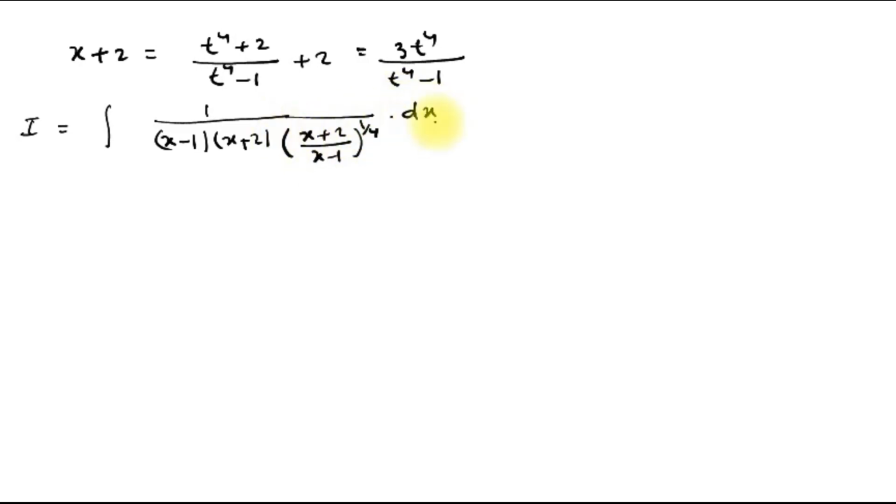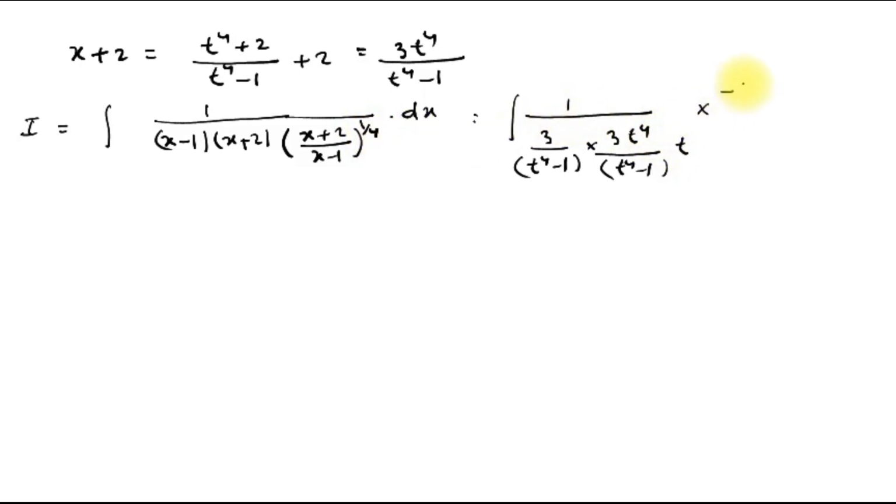So here we have to put the values we found. x minus 1 is equal to 3 over (t⁴ minus 1), x plus 2 is equal to 3t⁴ divided by (t⁴ minus 1), and ((x plus 2) divided by (x minus 1)) to the power 1 by 4 is equal to t, and dx is, as we found, minus 12t³ divided by (t⁴ minus 1) to the power 2 dt.